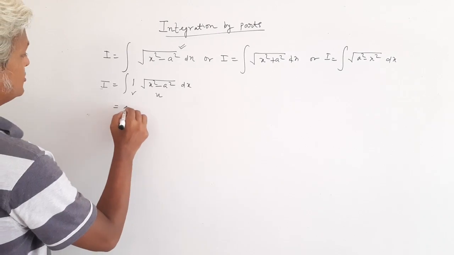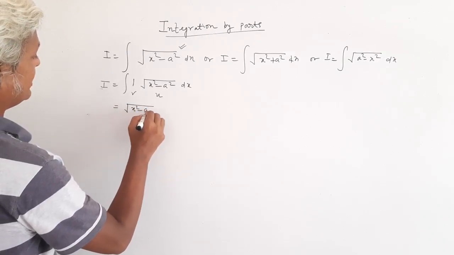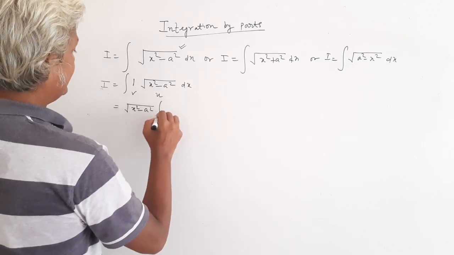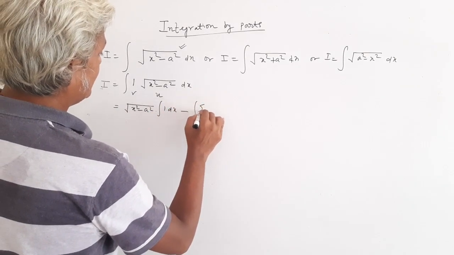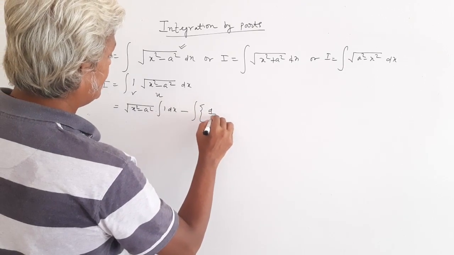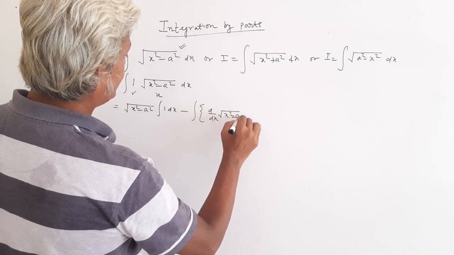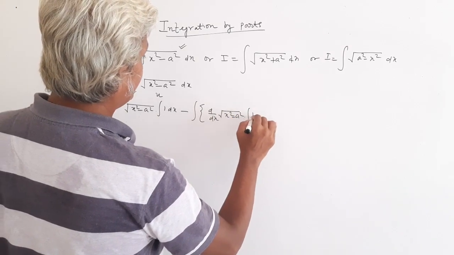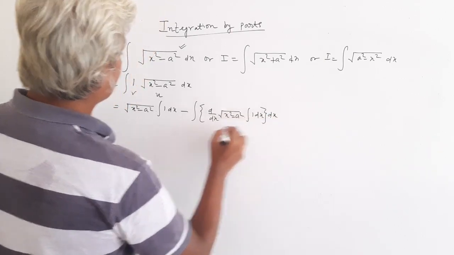Now we go. Keep under root x square minus a square, that is u, constant, integration of 1 dx, minus integration of differentiation of u unchanged, that is x square minus a square, into integration of 1 dx and dx.